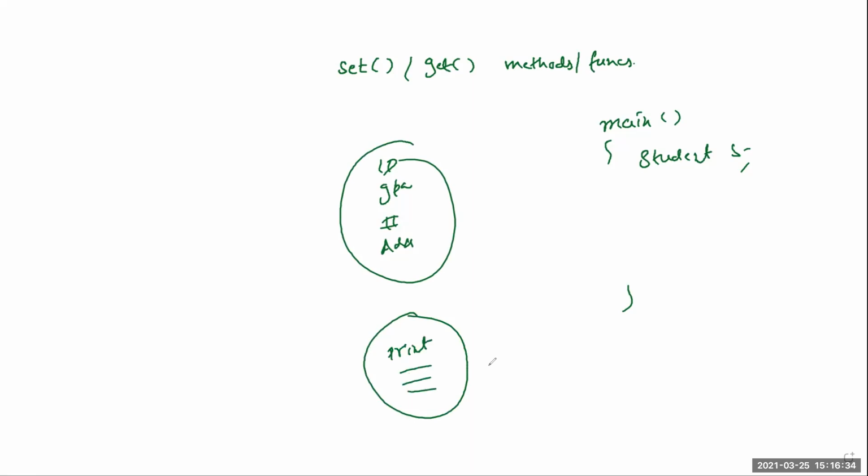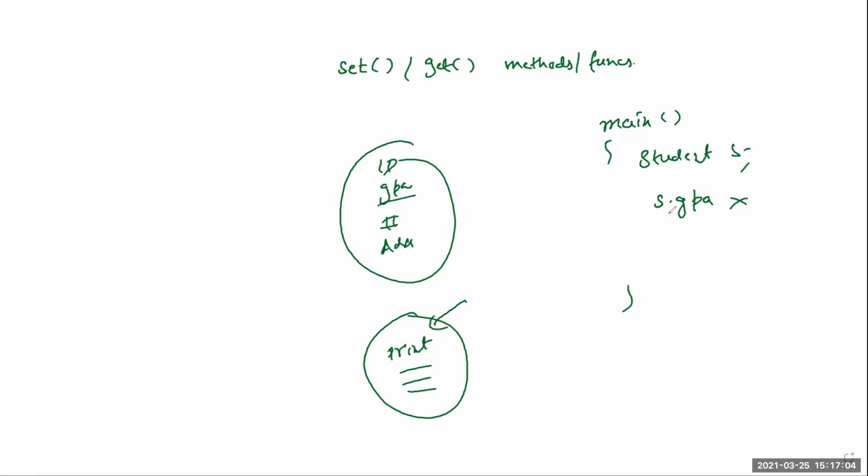Now, suppose outside the class I need the GPA of a student. You see, I cannot do it like this. This is not allowed because it is private data, and we discussed why we keep data private. We have a print function, but printing is not something that you will always do. Maybe you need to find the grade of the student, so you will need its GPA in the main, right?